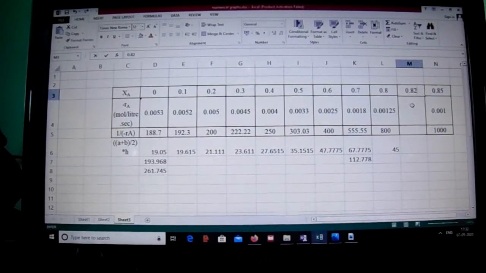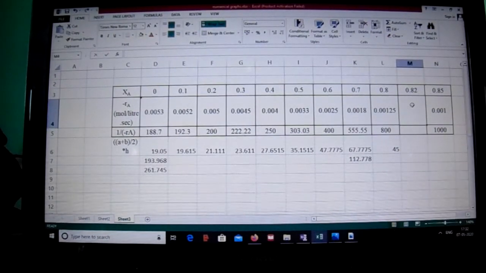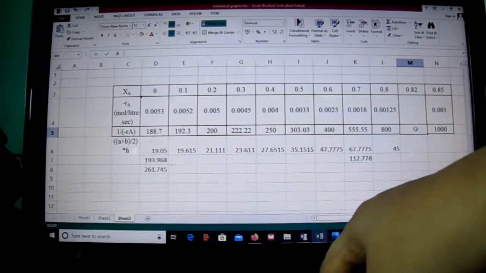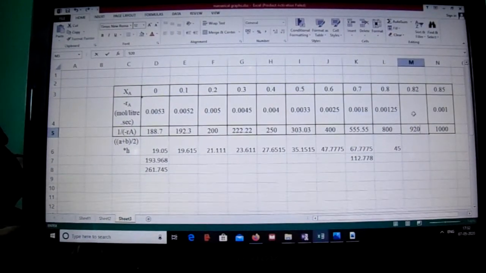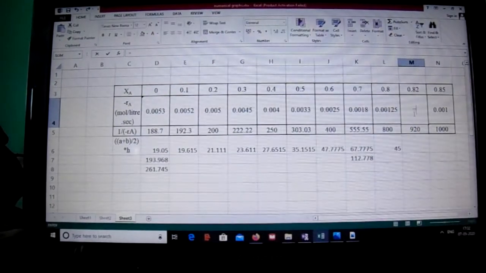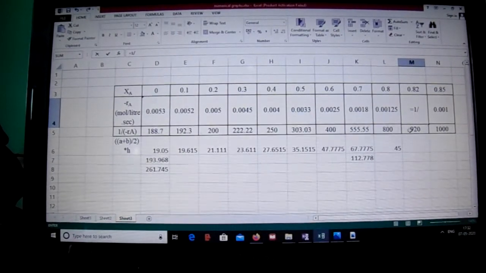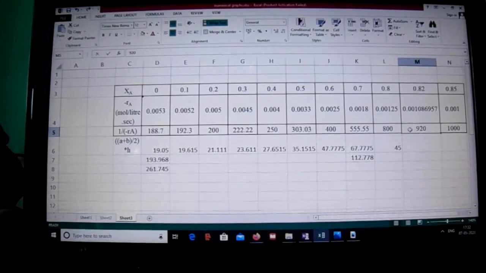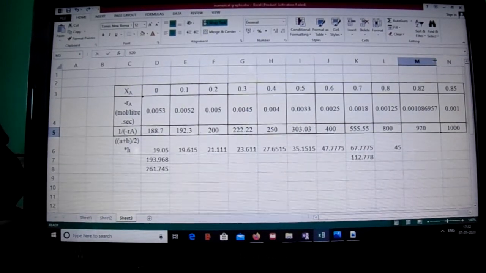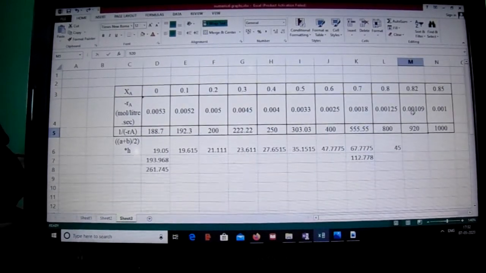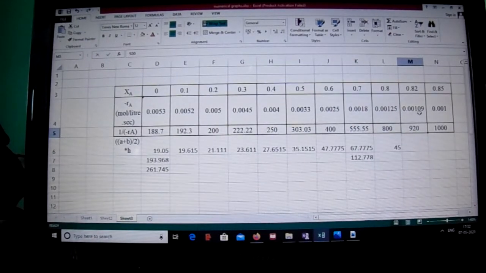You have got the value for 1 by R from the graph itself. So I'll take the inverse of this. Let me reduce the number of significant digits, so it comes out to be around 0.00109.